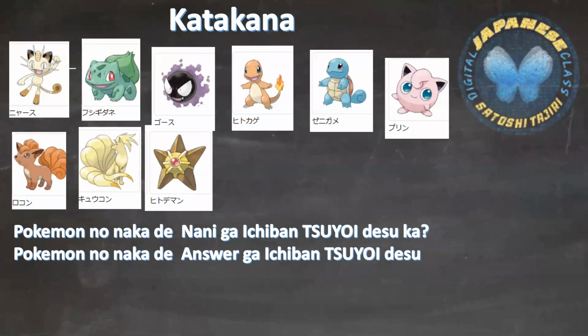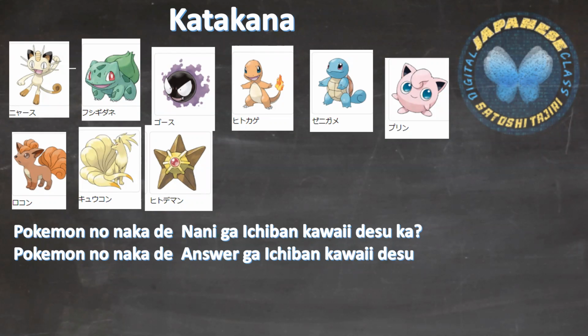Let's have a different adjective instead of tsuyoi. Let's have kawaii. Kawaii means cute. So give your answer. Which one is the cutest among all of them? Pokemon no naka de Purin ga ichiban kawaii desu.